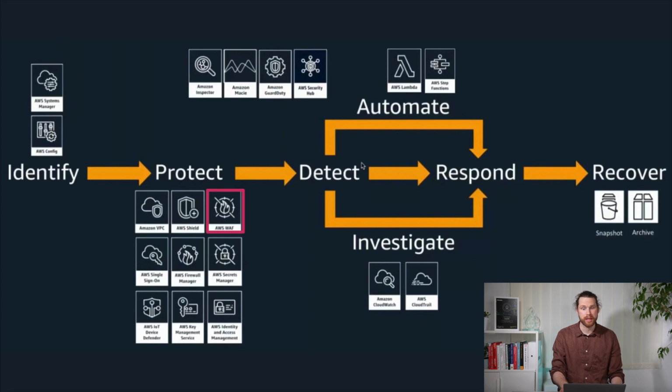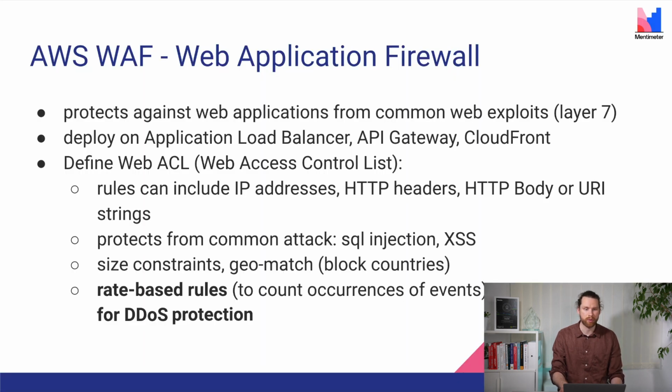Next service is AWS Web Application Firewall. If you have an application and you would like to have application layer protection in front of it to avoid SQL injection, cross-site scripting, or other application layer vulnerabilities, then you can go to AWS WAF and use this managed web application firewall service.